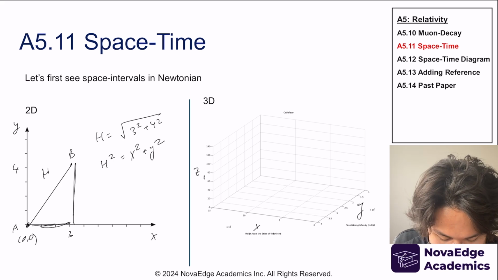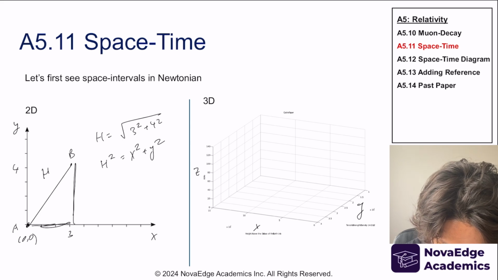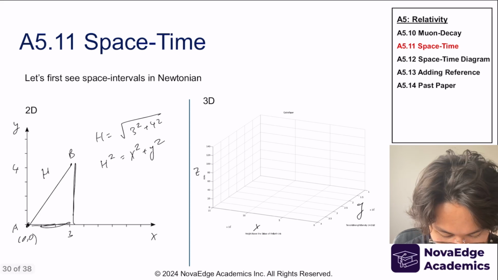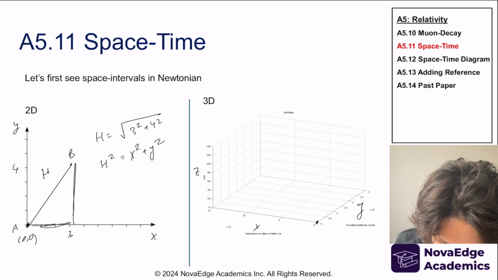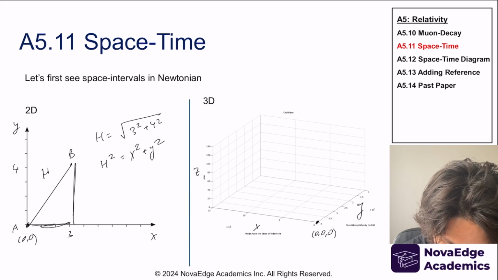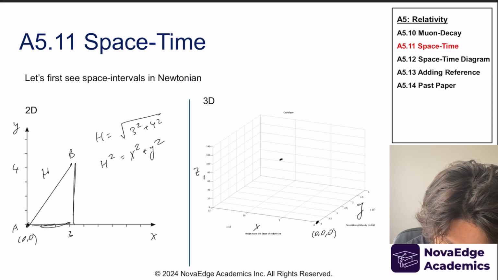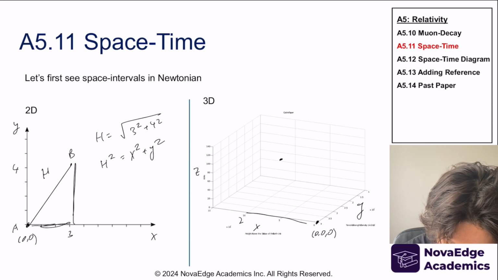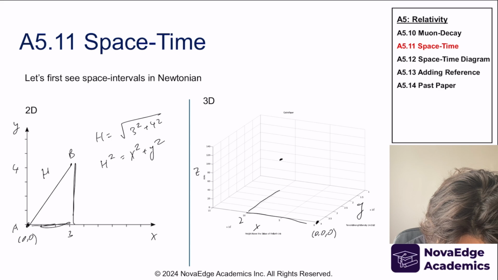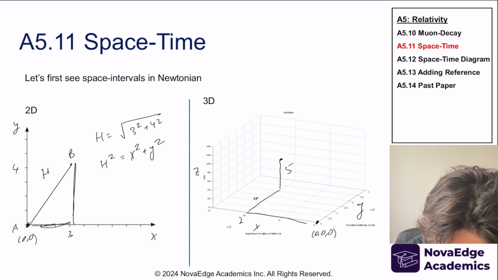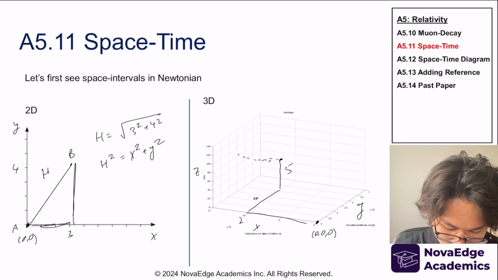So as an example, maybe I choose the first event to be at 0, 0, 0, right? And let's say I choose this point. Maybe it's a bit hard to see because the graph is small, so let's just pretend this is 2, 4, and 5.